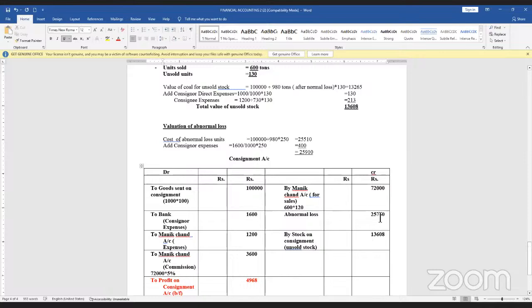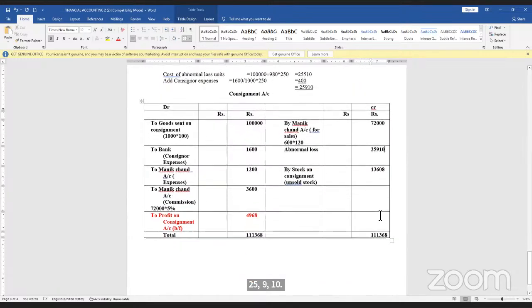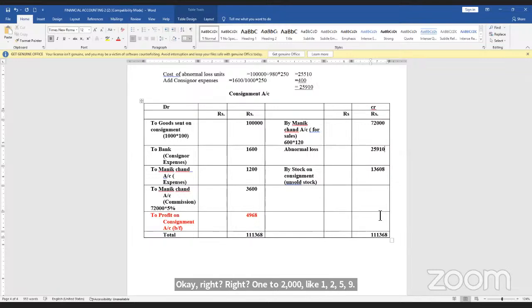$25,910. Okay, this is right. 22,000 plus 25,910 plus 13,608.